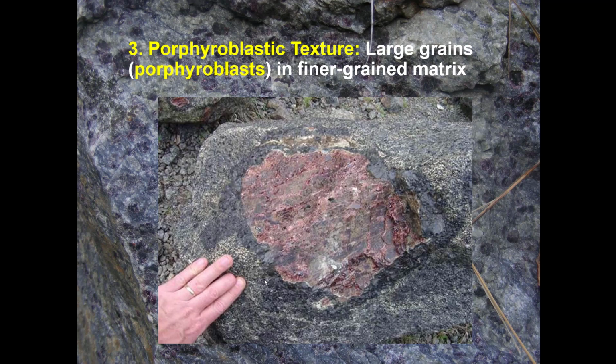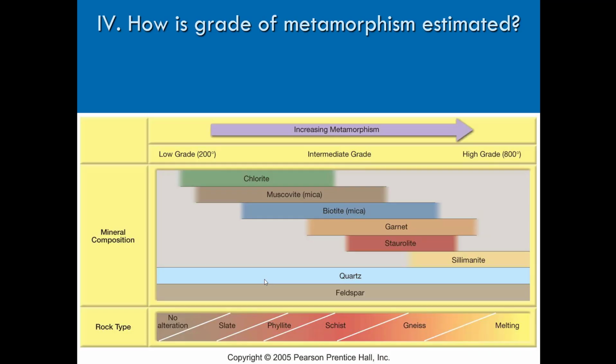So that's exciting. All right, so I used the term metamorphic grade earlier. We have to infer what temperatures and pressures metamorphic rocks form at, because they almost always form inside the earth.